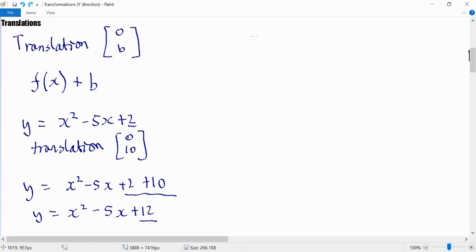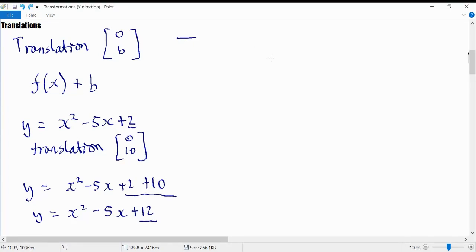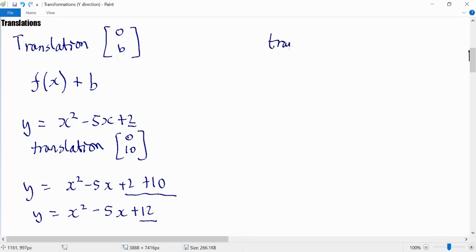As far as the coordinates go, it's fairly logical. Whatever you're doing in the translation, in terms of the notation, is what's going to happen to the coordinates as well. So if, for instance, we're doing a translation of 0, minus 3, and we're applying it to the point 4, 7, what happens?